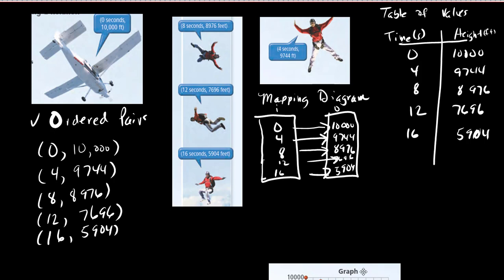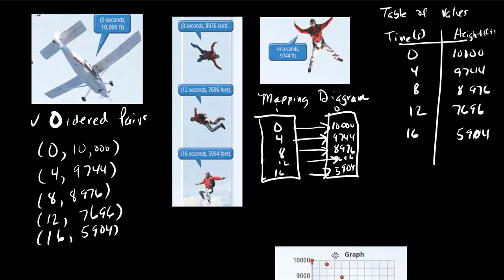Now, let's switch gears just a little bit and talk about the next piece of our work today. We started out with relations. Now we're going to start talking a little bit more about functions. All right, so just a little bit of vocabulary here.